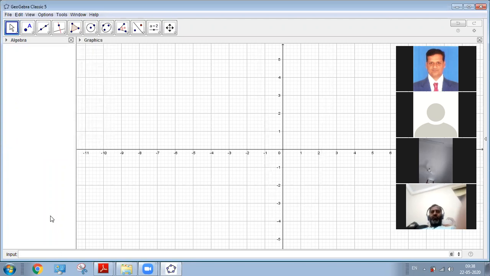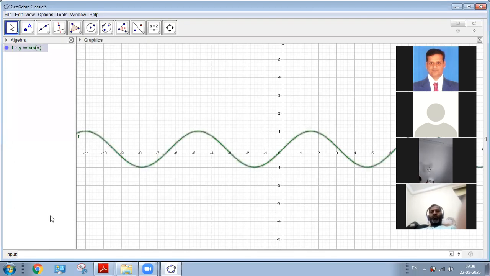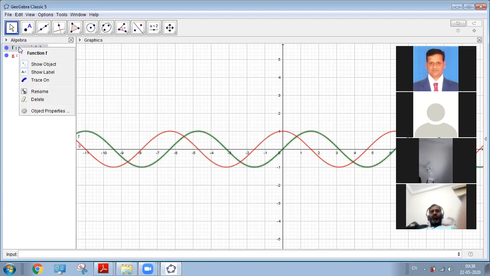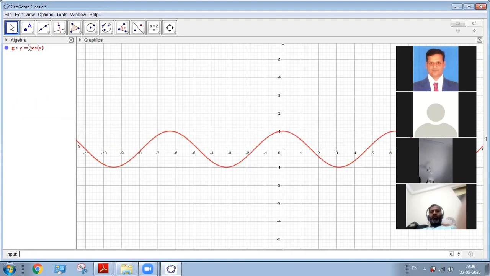For example, if you want to draw the graph of sine x squared, so this is sine x squared. You can draw cos x squared. Once you want to delete, you just go there, right click and click delete. So this is how you can find the graph of any equation or any function.